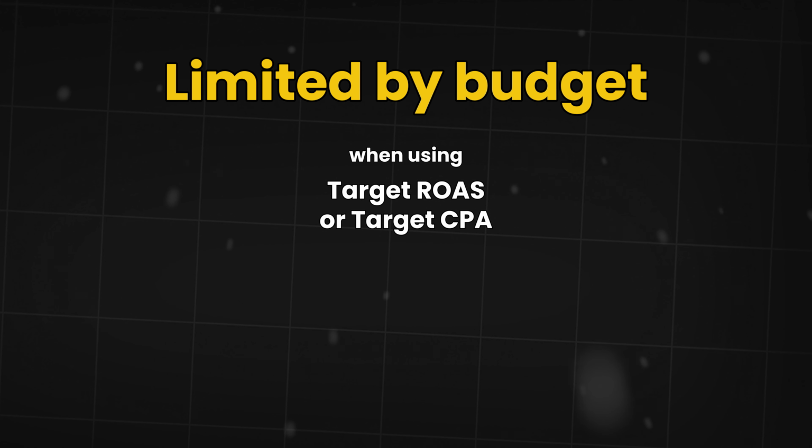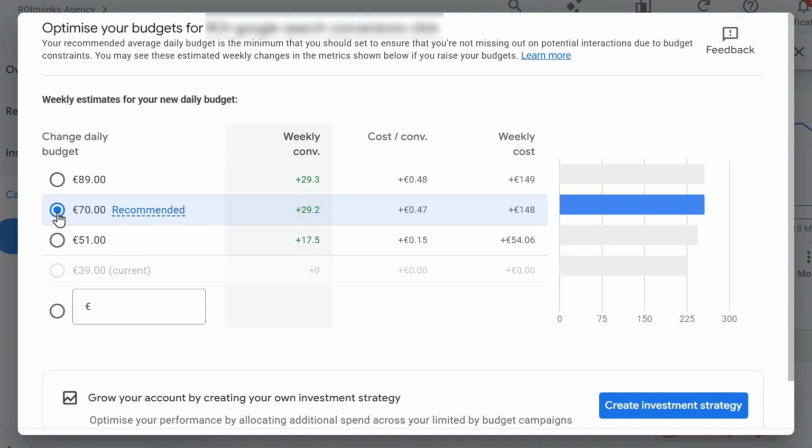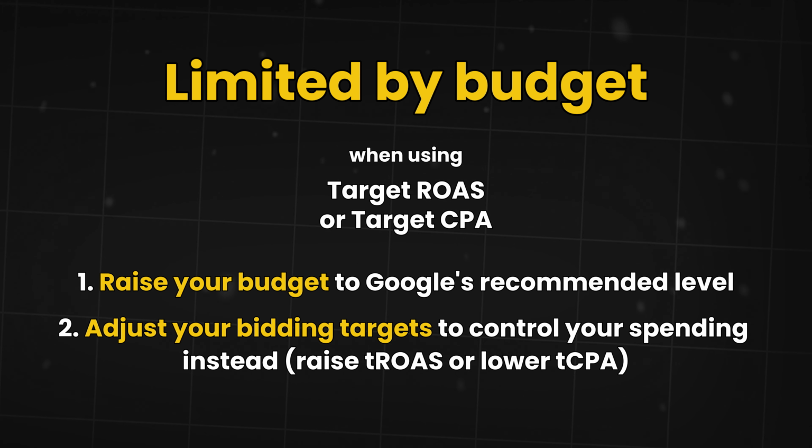So if you come across this campaign status when using Target ROAS or Target CPA, here's what I recommend. Regardless of whether you're willing to spend more or not, raise your budget to Google's recommended level and adjust your bidding targets to control your spending instead.